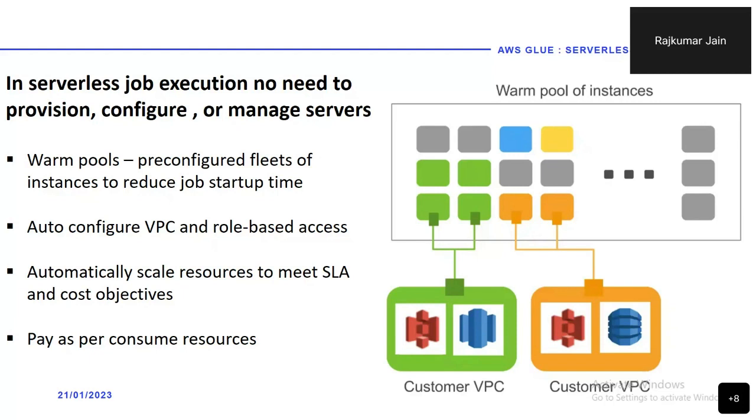And last but not least, the best part that everyone is looking for: pay only for the resources you consume. It does not charge you extra, only for the resources you have consumed. And compared to setting up your own data center, setting up your own servers and managing all those activities, it is a very low cost.